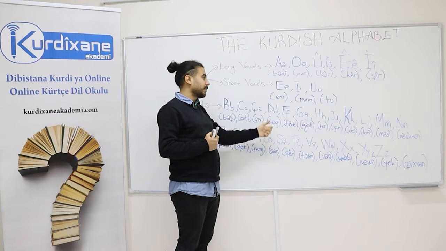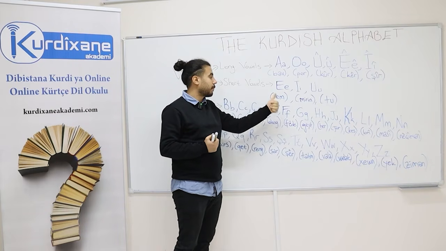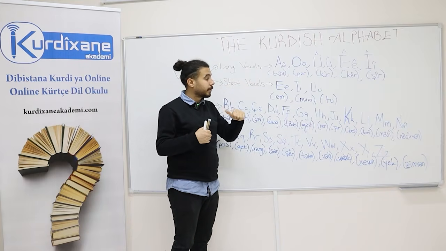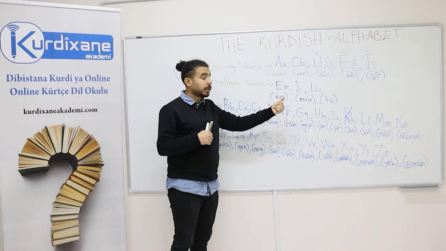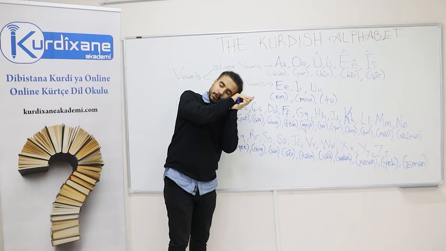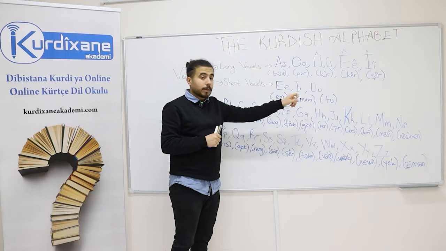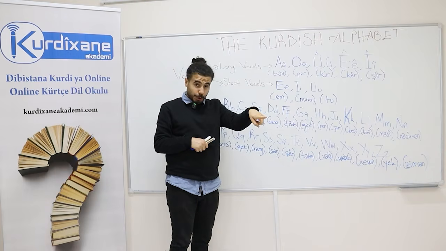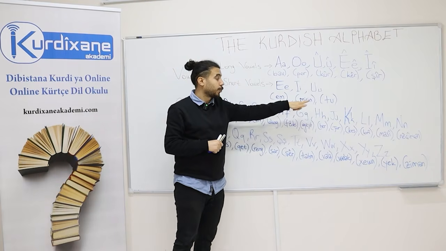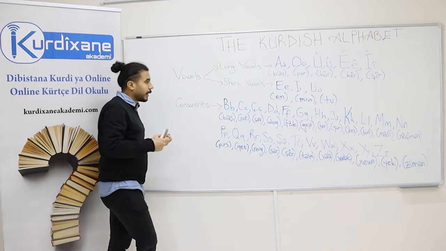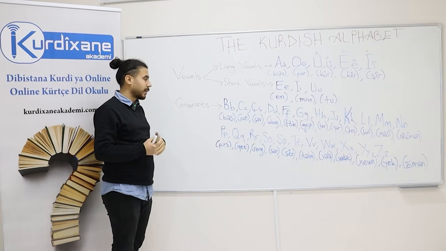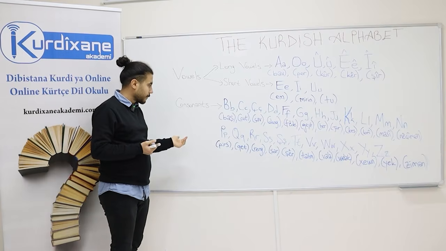So let's look at our examples. M, which means we. Mrin, which means to die. D, which means you. And of the 23 remaining letters, they are consonants.